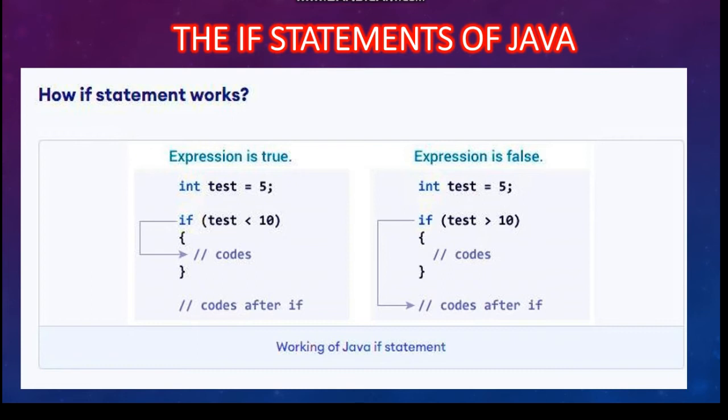In case it is false, int test is equal to 5, if test is greater than 10, the code will not execute. So here you can see test is less than 10, the test value 5 is less than 10, so the first expression will be working.